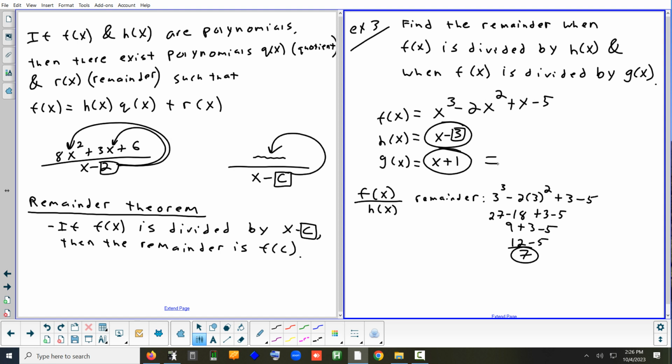Instead of writing it as x plus 1, you have to write it as x minus, and then something has to go in that box. Whatever goes in that box is the number we're going to plug in. What could you put here? -1. -1, yes. So technically you can use the remainder theorem if it's x plus or x minus. If it's x plus, you just need to fix it so it's x minus. Okay? And then whatever comes after the minus sign is what you plug in.